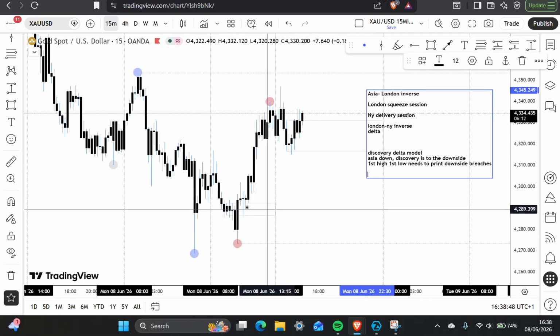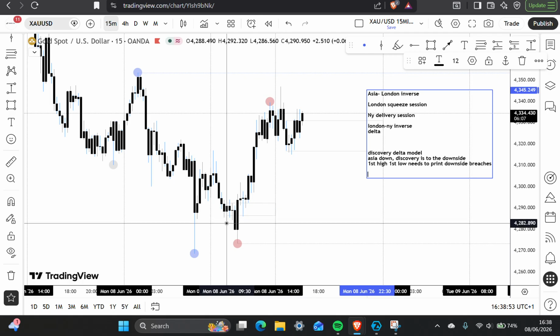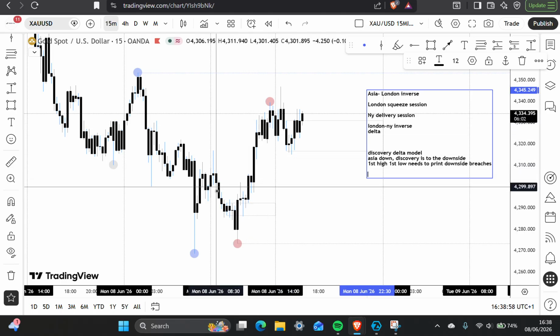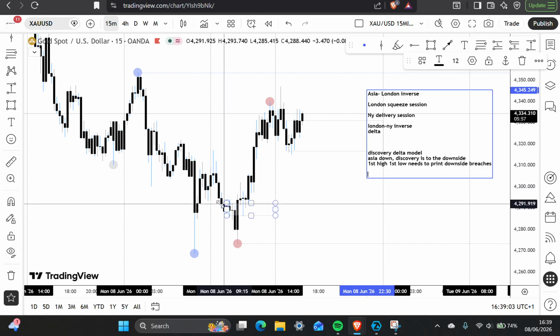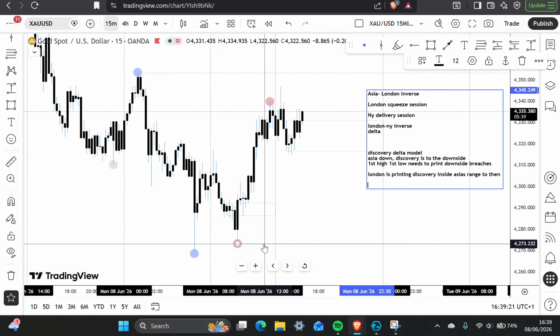So if you see Asia down, and then you see London delta printed, and price pushing towards Asia high, essentially what that means is that London is printing discovery inside Asia's range, to then pass over to New York to push lower, which is going to be an Asia and London continuation.